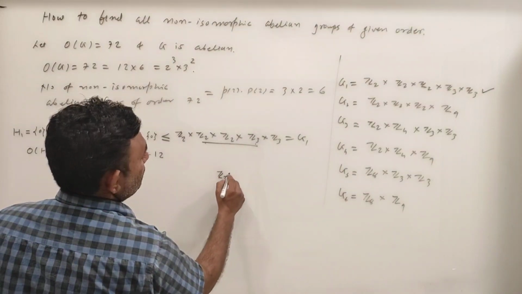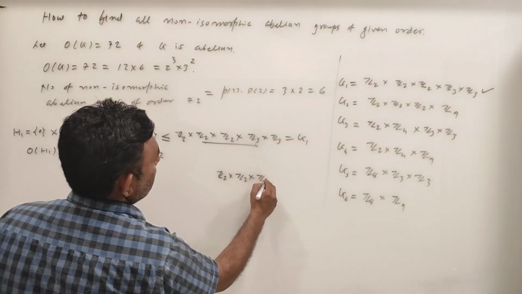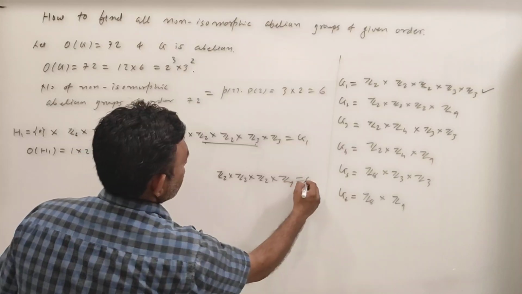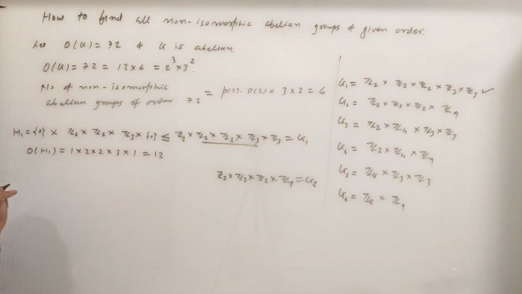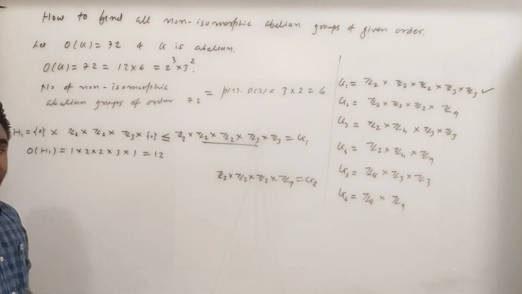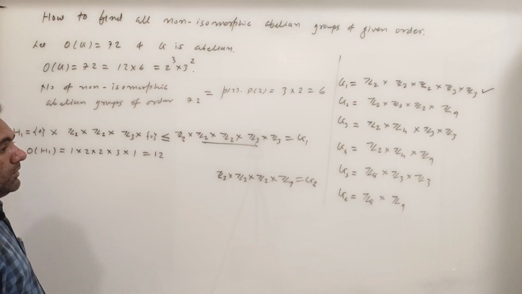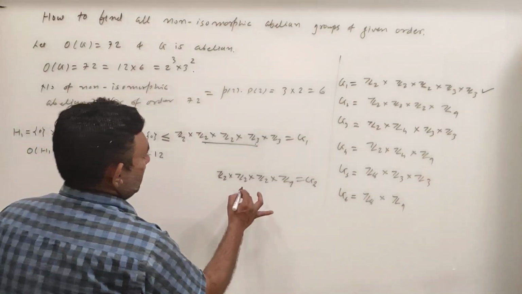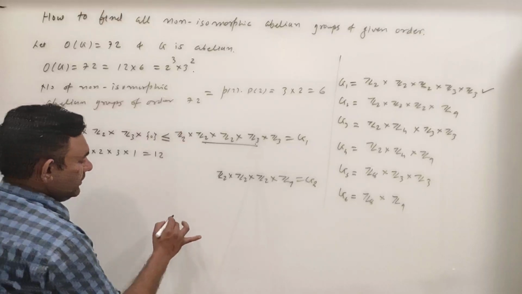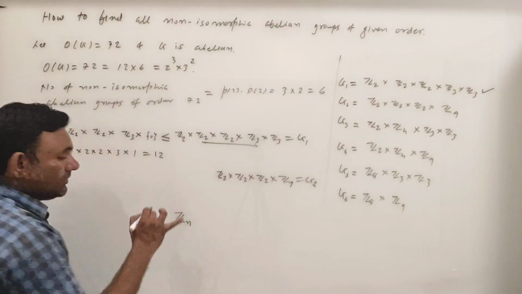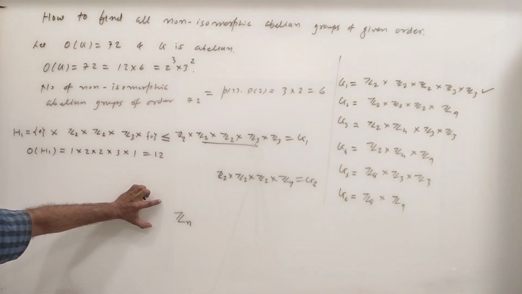So what is G2? It is Z2 cross Z2 cross Z2 cross Z9। This is your G2, right. Okay, now we know that if you consider Zn, this is one result from Zn.